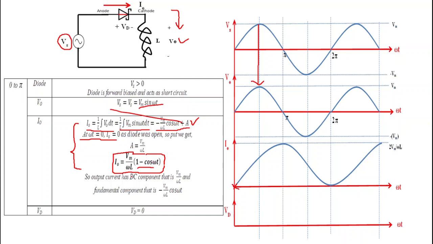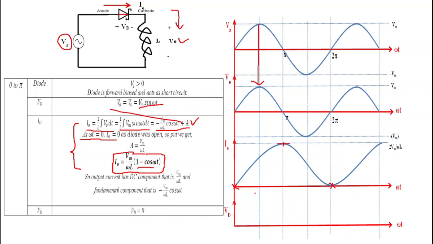That's why we get I0 equal to 2 Vm by omega L at omega t equal to pi. And the third point is, if we put omega t equal to 2 pi, then cos 2 pi is equal to 1, and 1 minus 1 is 0. That's why we get I0 equal to 0 at omega t equal to 2 pi.